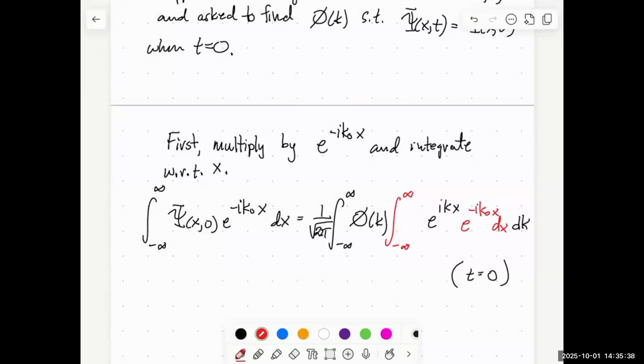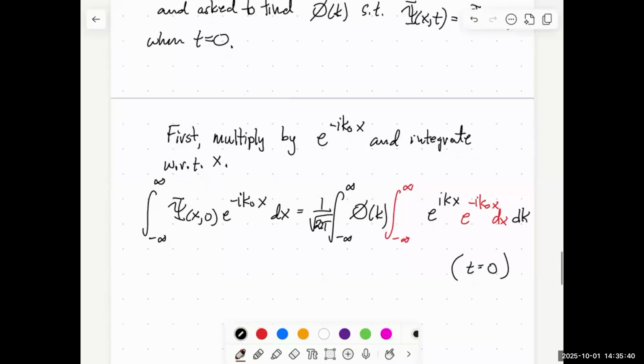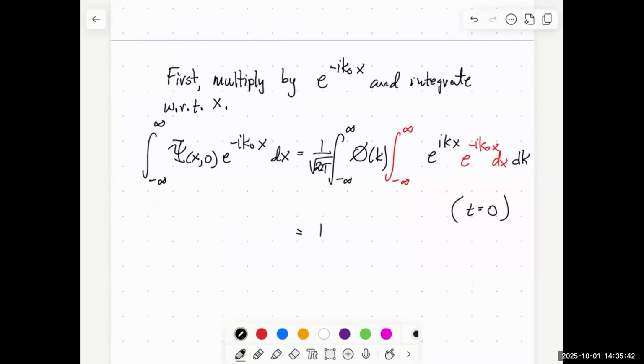All right, good. So that's what I wanted, I think. So let's see where this takes us. These two things, I haven't changed anything at all. And so we'll write this as the integral from minus infinity to plus infinity, e to the i, k minus k0 times x, dx.